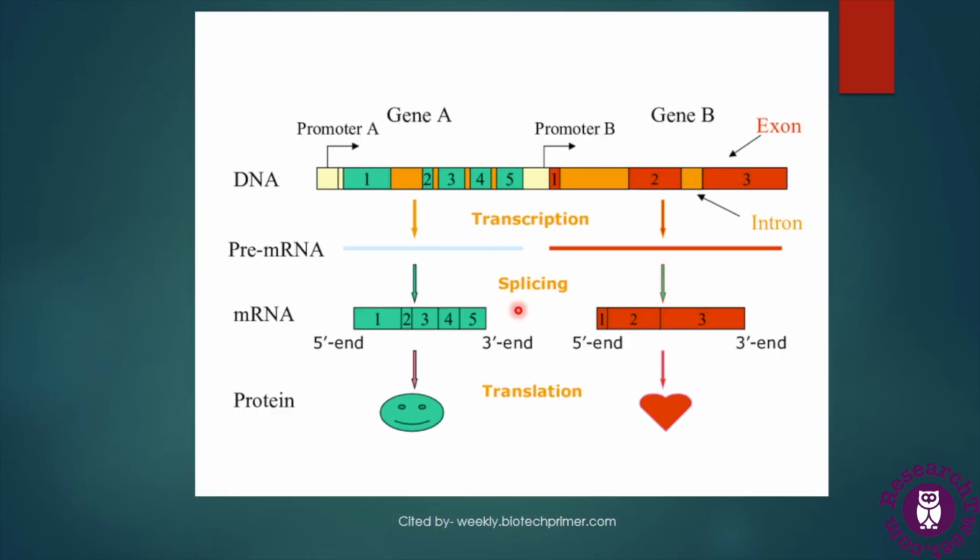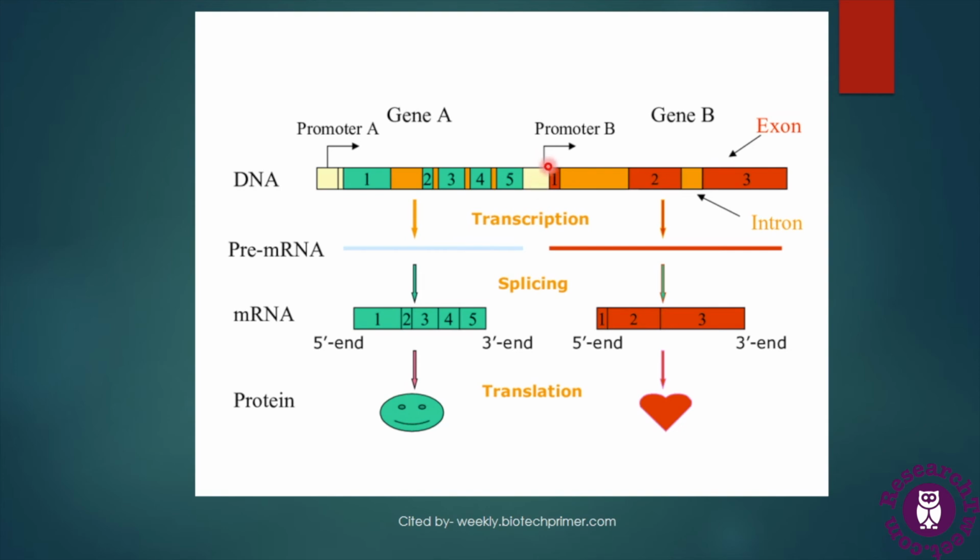Here in this diagrammatic presentation, we can see the structure of a gene and also the process of translation or protein synthesis by these genes. In this structure, we can see a DNA stretch having different genes. There are two genes in this DNA stretch, gene A and gene B. In between these two genes, there are regulatory elements which are promoters.